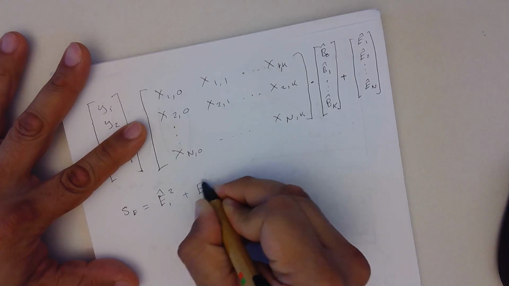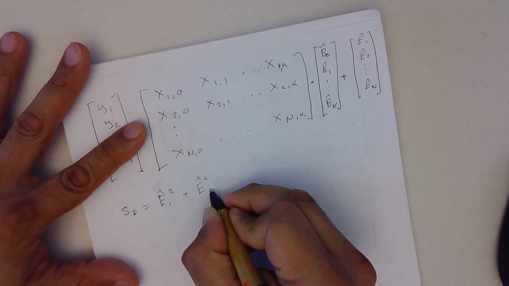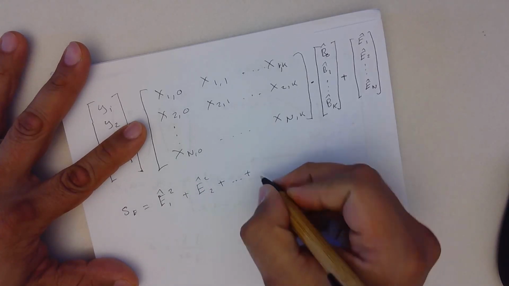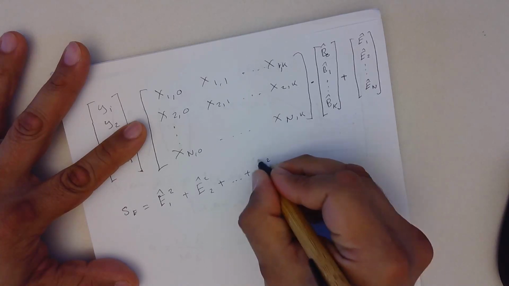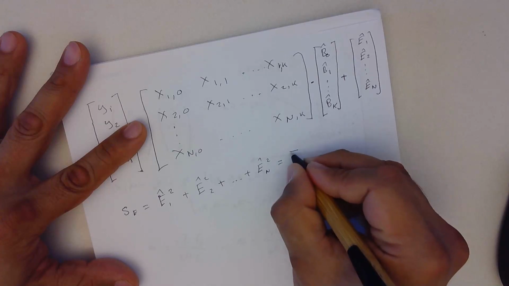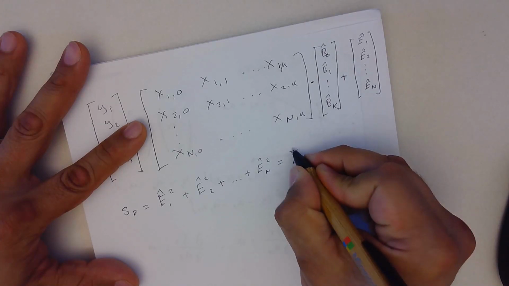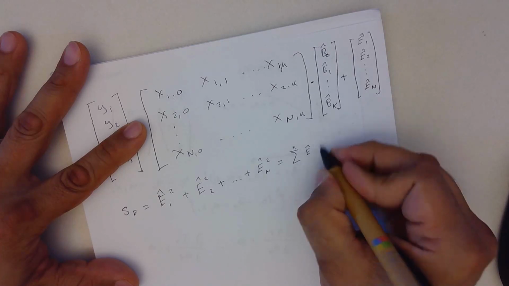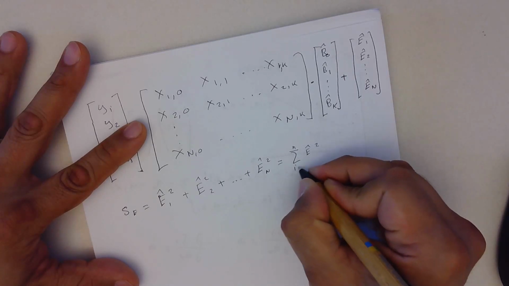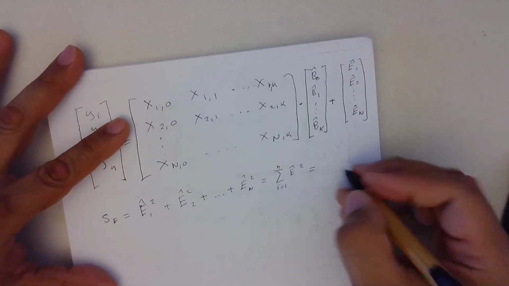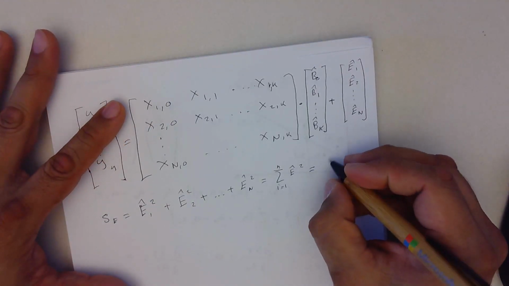Plus error 2 squared plus all this, right, to error n. Then we will do the square, and because this is a vector, basically the square of a vector, how can we get the sum of the square of a vector?